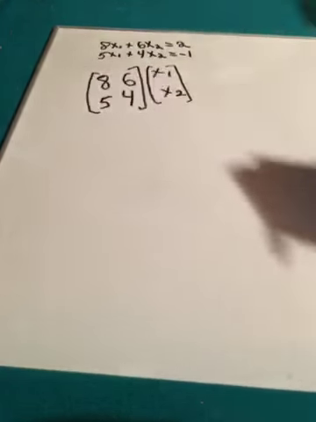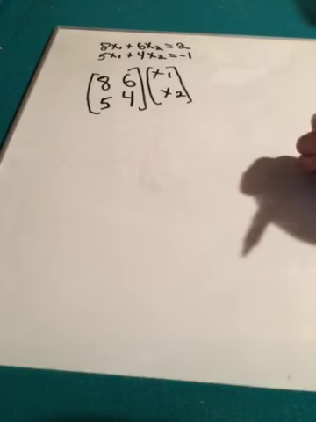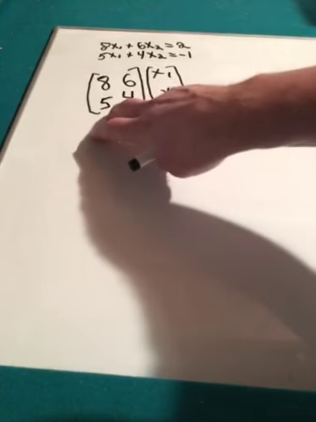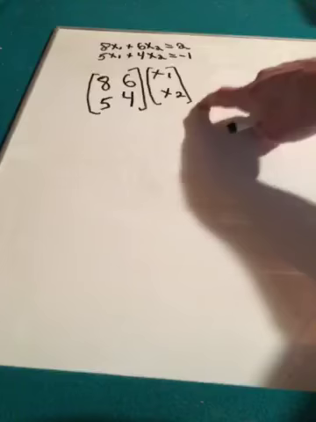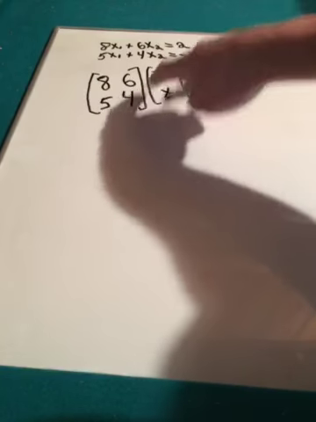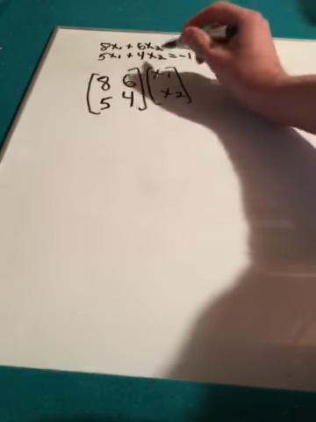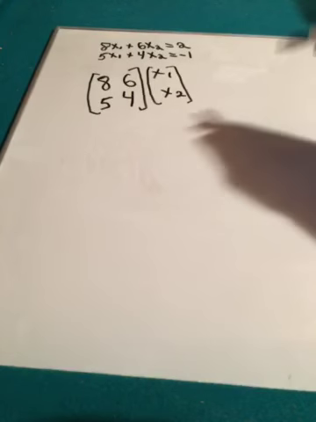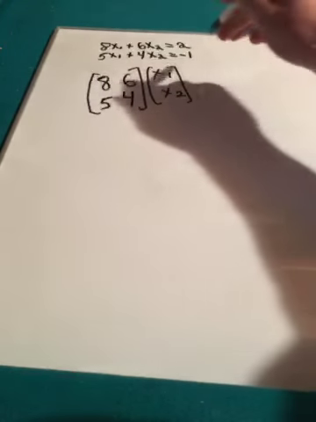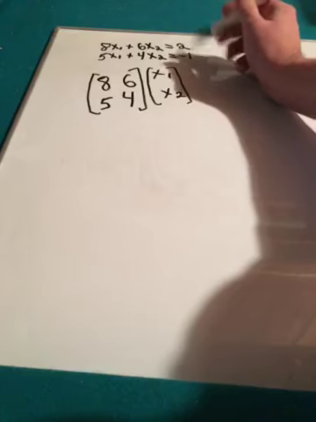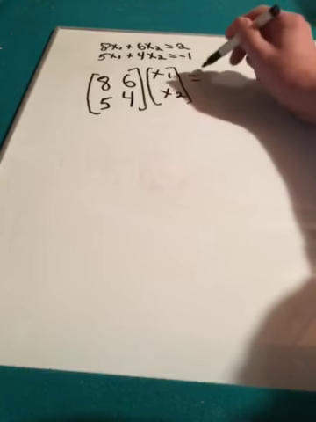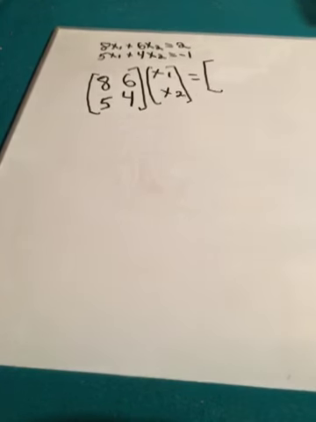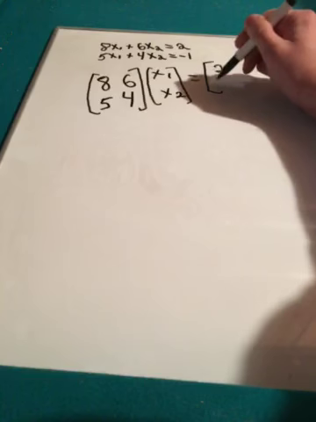So 8x1 plus 6x2. And our second entry is just going to be the second row and the first column. So 5x1 plus 4x2. That's exactly the equations we have. And what does this equal? It equals the 2 by 1 vector 2, -1.